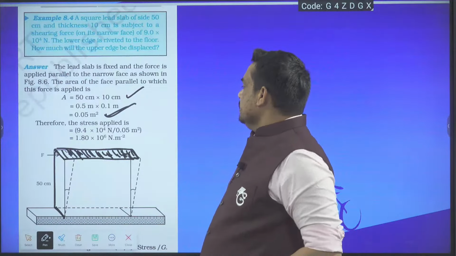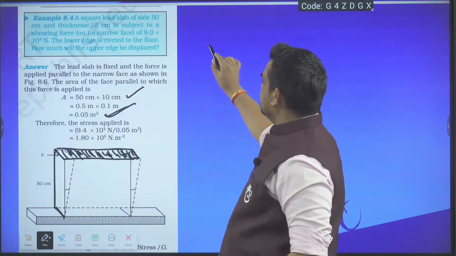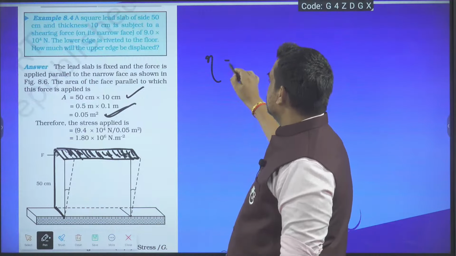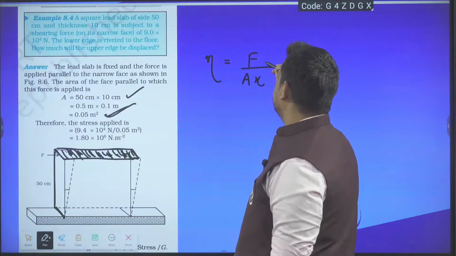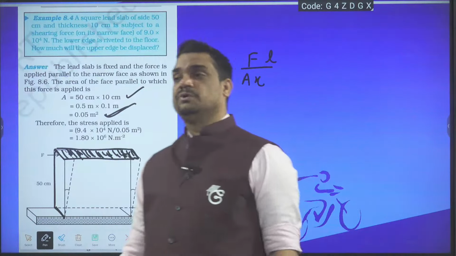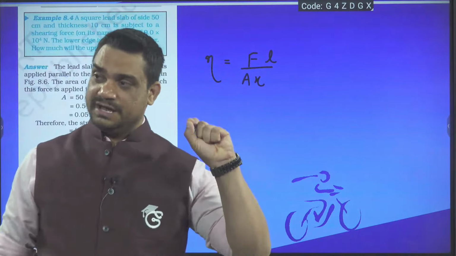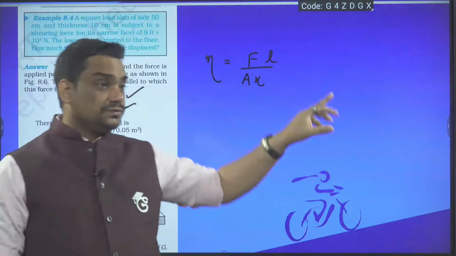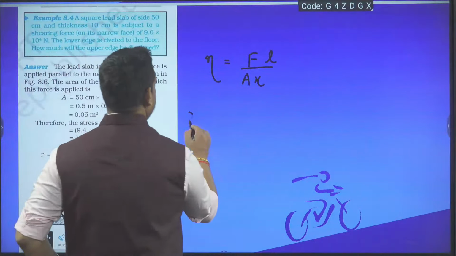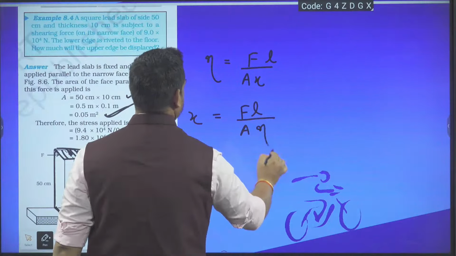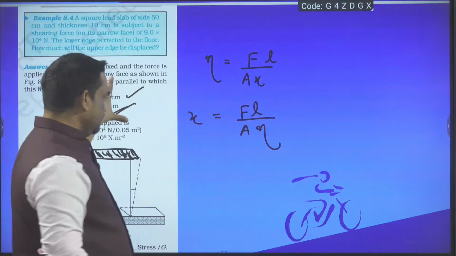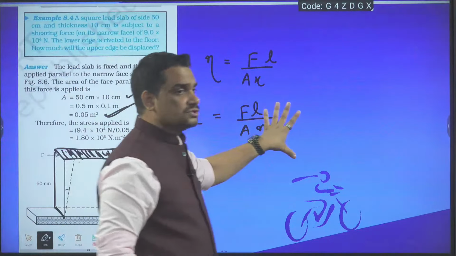Then we have this formula, if you remember: eta equals F by A into X by L. Rigidity modulus is given by this formula, F by A, X by L. From here we have to find X, so X will be equal to F L divided by A eta. Eta is not given here; they will give it in the questions.